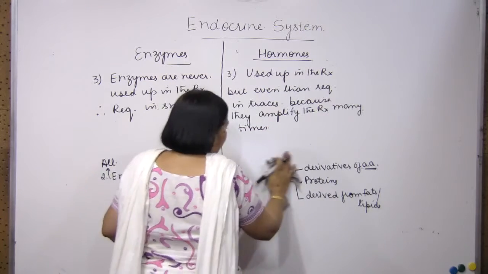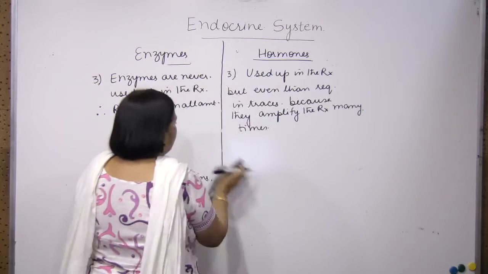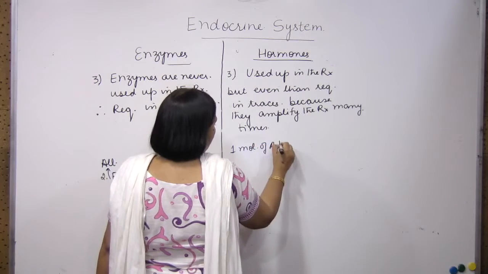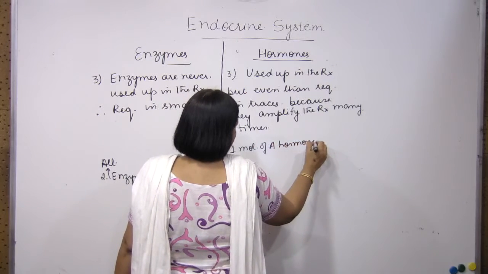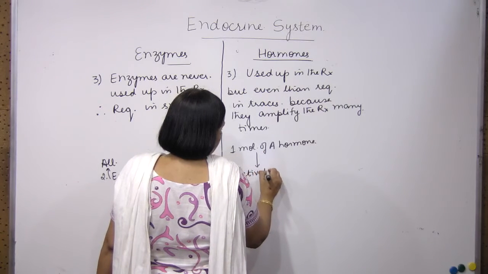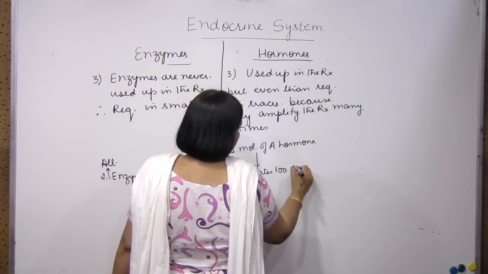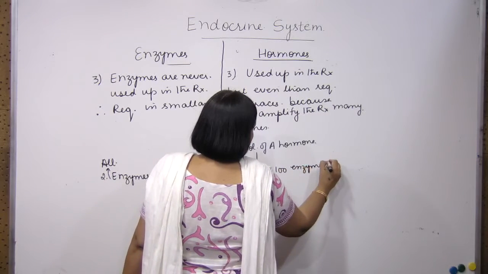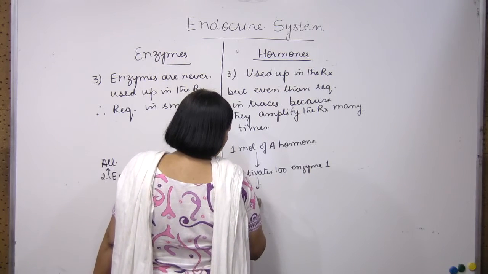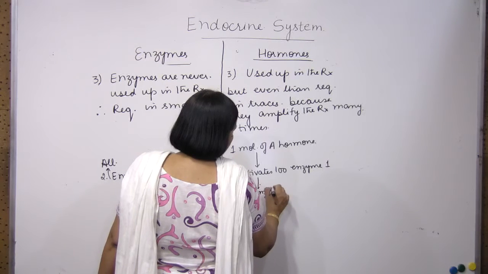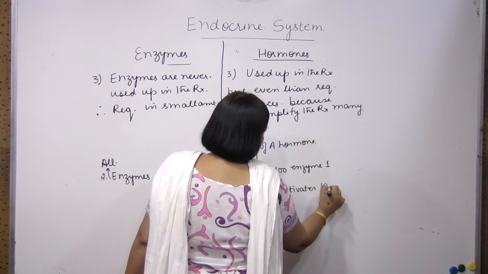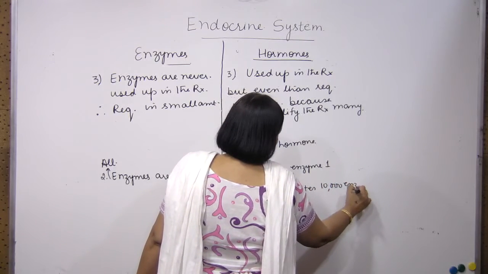For example, let's say one molecule of a hormone activates 100 enzyme 1, and 100 enzyme 1 activate 10,000 enzyme 2.